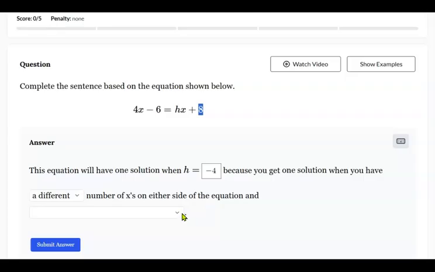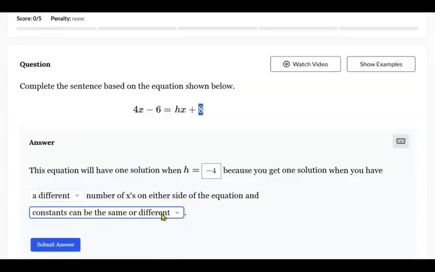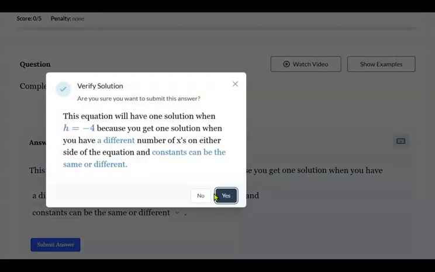As soon as you have different variable terms, it doesn't matter about the constants. They can match or they can be different. So the constants can be the same or different. It doesn't matter. The only thing that matters is that you have variable terms that do not match.